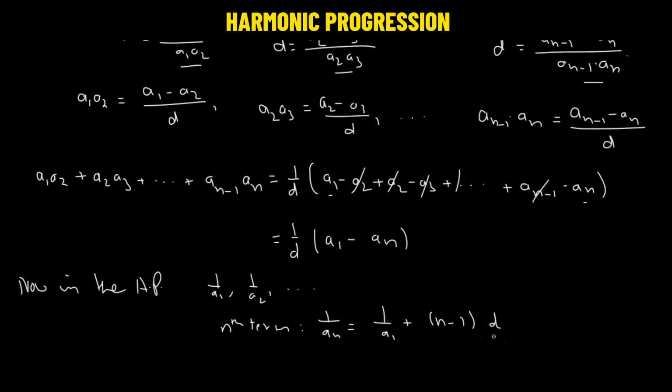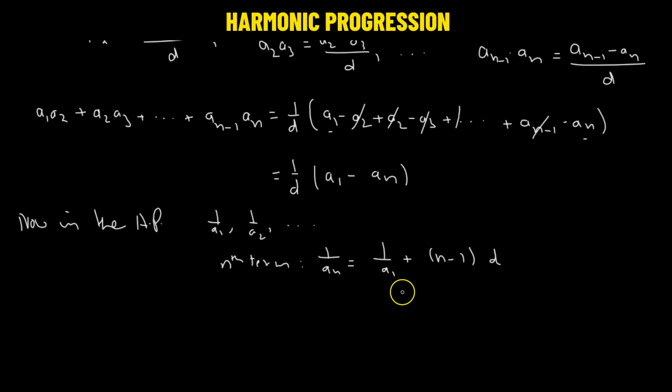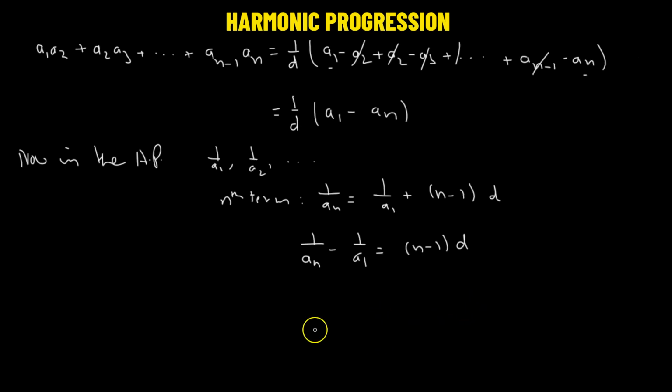We'll keep D as it is. So let's rewrite everything. So we have 1 over AN minus 1 over A1 equals n minus 1 times the common difference D. So we have A1 minus AN divided by AN times A1 equals n minus 1 times D.